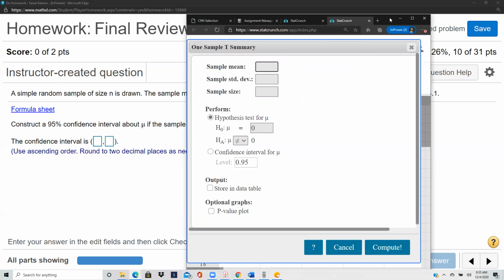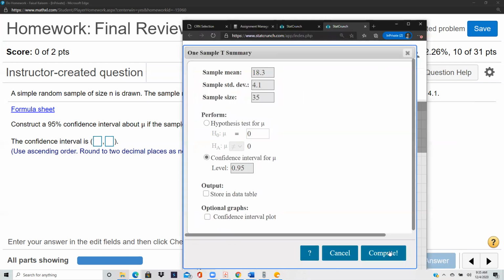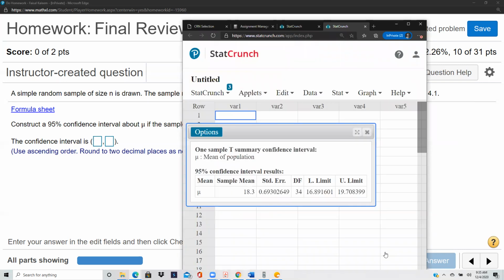Sample mean 18.3. And 95%. 16.89 and 19.71.